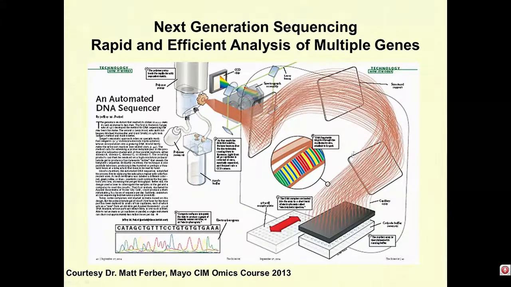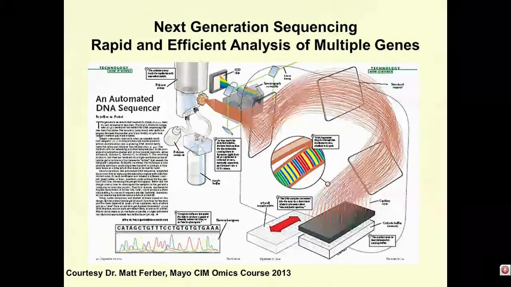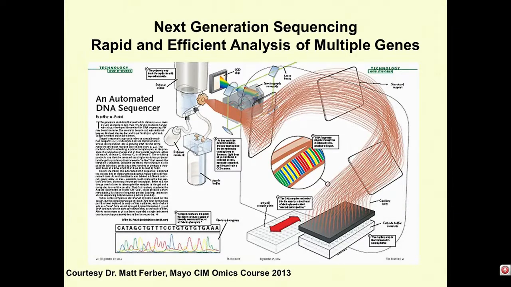This picture is just illustrating what that might look like in the laboratory setting. This is much faster than what we did back in the 90s, where we had to do everything manually. So this has given us a capacity to look at many, many genes very rapidly and very cost effectively as well.